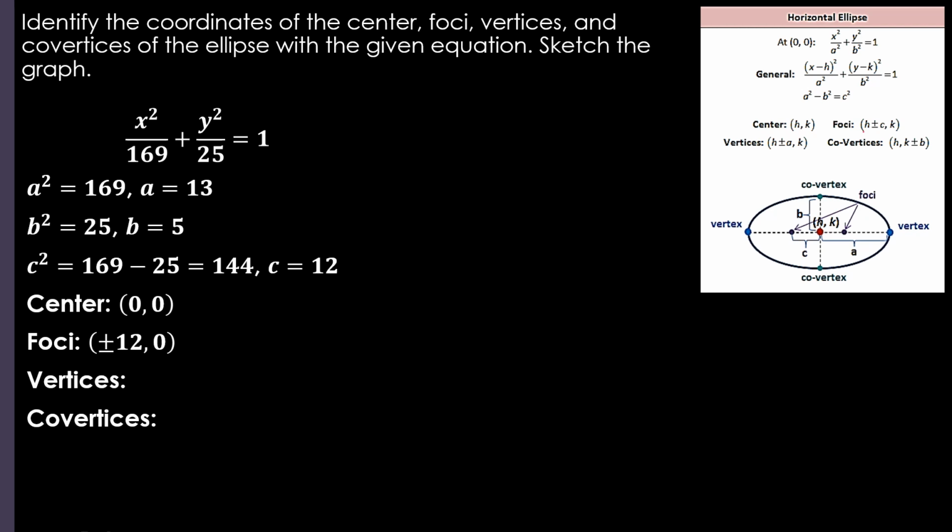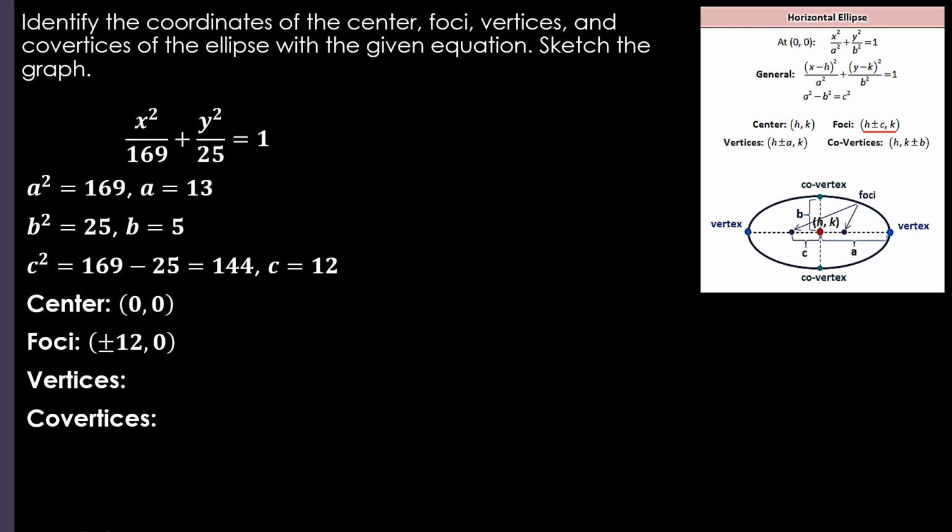The formula for foci is here: (h plus or minus c, k). Since our c is 12 and our h is 0, 0 plus 12 is 12 and 0 minus 12 is negative 12. Therefore, our foci are (12, 0) and (-12, 0).